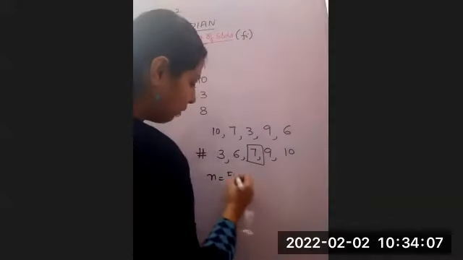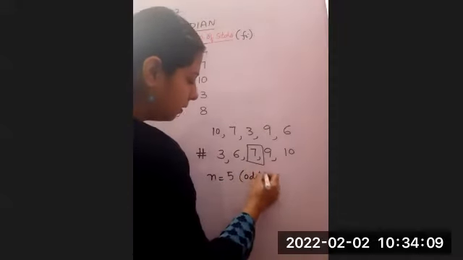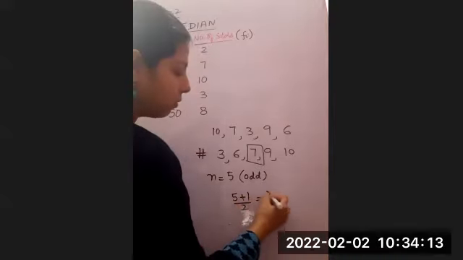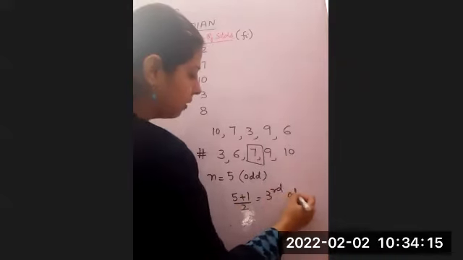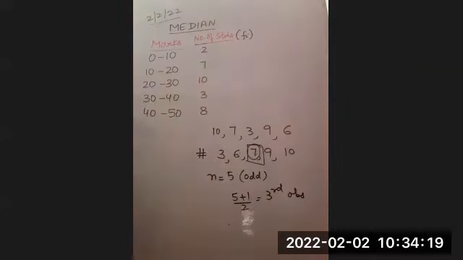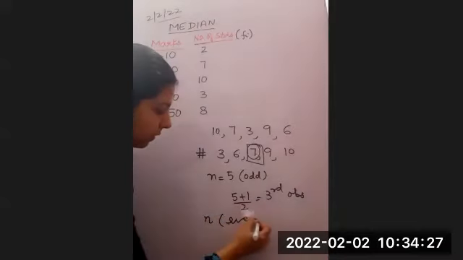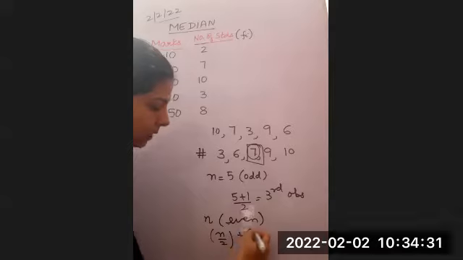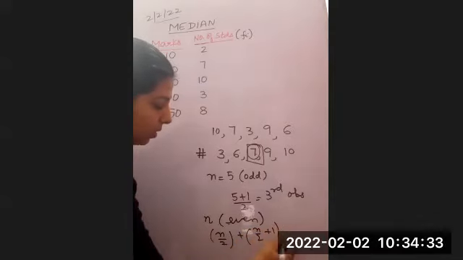So since it is odd, we used to find (5 plus 1) divided by 2, which is 6 by 2, the third observation. So 1, 2, 3. The third observation is 7. Are you able to recall, children, your class 9? And if it is even, then there used to be a different formula: the mean of the n by 2 th and (n by 2 plus 1) th observations.